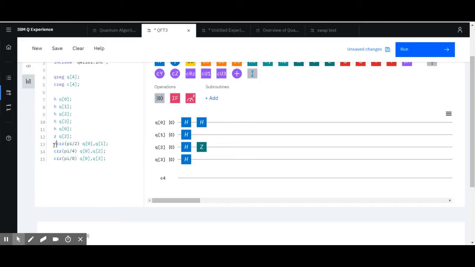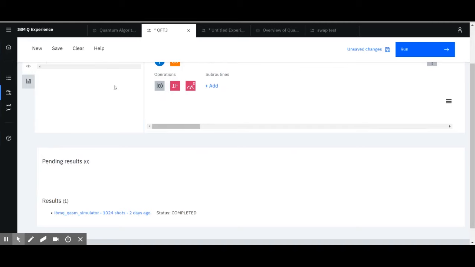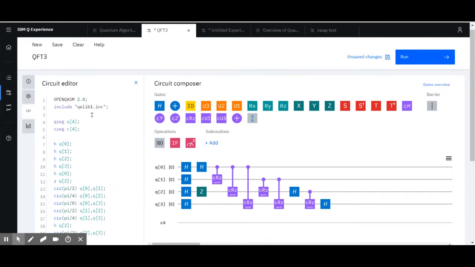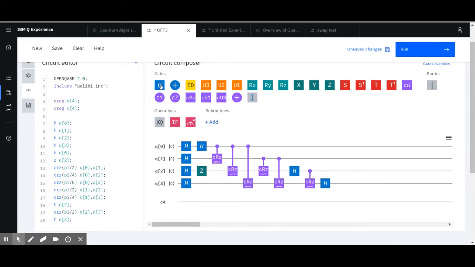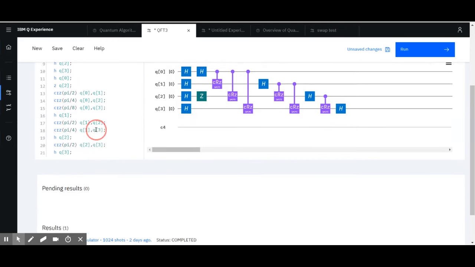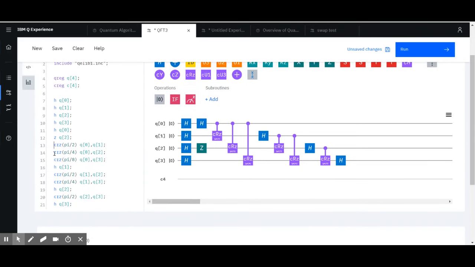Can I comment that? Look at this. Good. Let me add that here. I didn't know I could just comment. Just makes things so much easier.